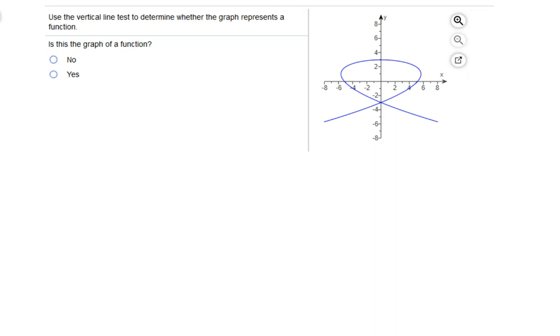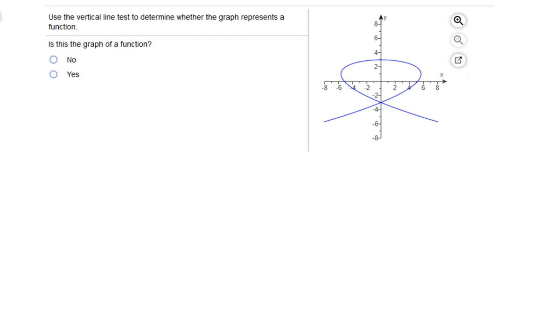The next question says, use the vertical line test to determine whether the graph represents a function. So is the graph a function? Once again, we're trying to decide whether this picture is a function, and it goes back to that definition of a function again. Every x has exactly one y. And the way we do that with graphs is a vertical line test.